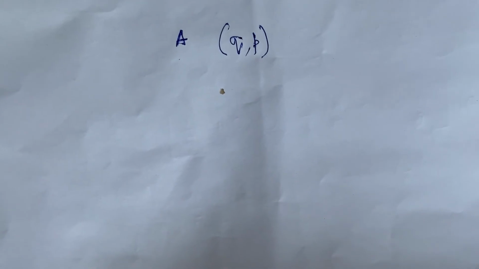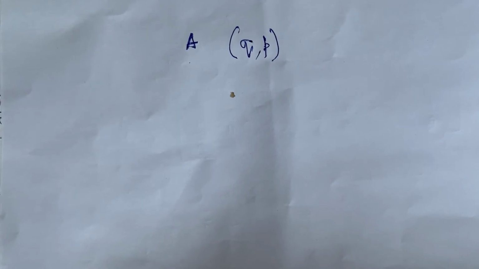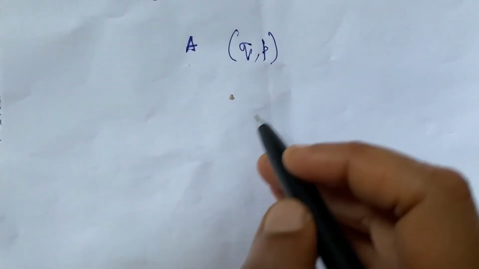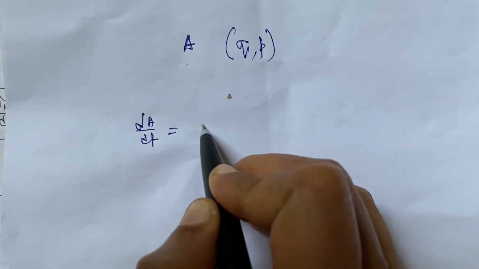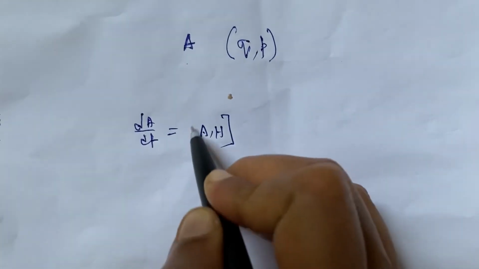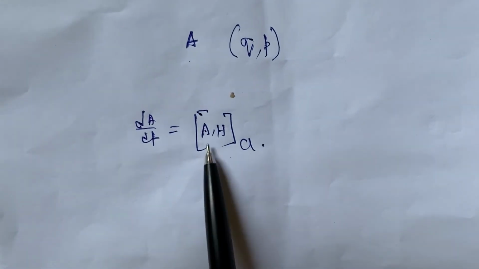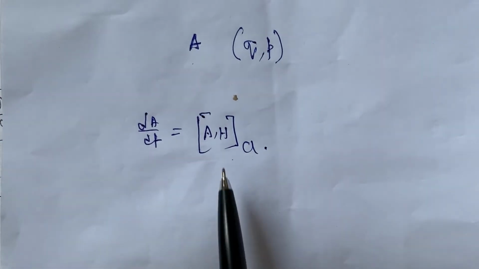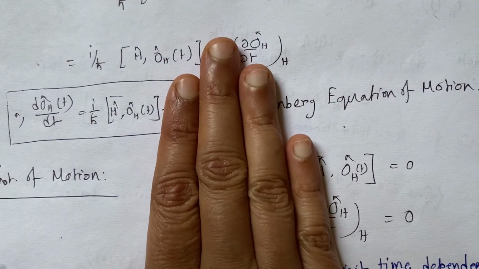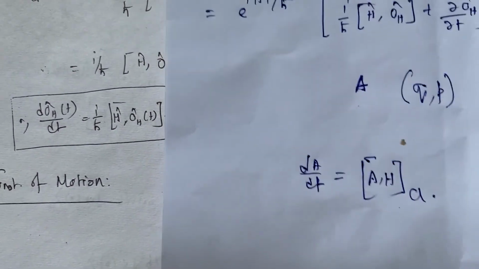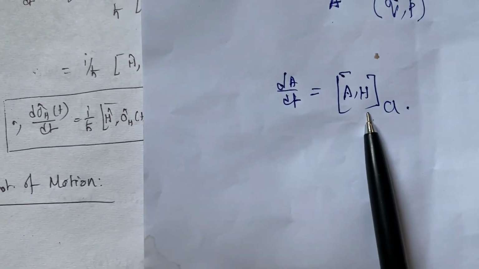Then according to classical physics, the Poisson bracket form will be this one. Now this is the Poisson bracket of A and H, and this is the classical analog of this equation, except we have this 0. So this is in quantum mechanics, this is in classical physics.